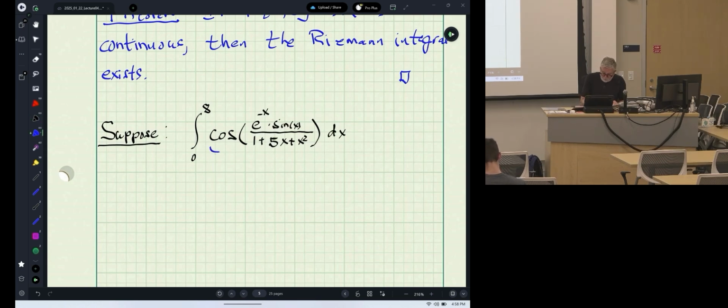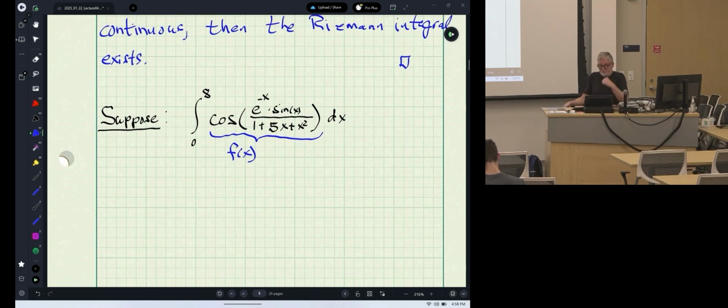Okay, so here's your f of x. So for those of you who have had the pleasure of already taking Math 116, there's no closed form solution for this, okay?